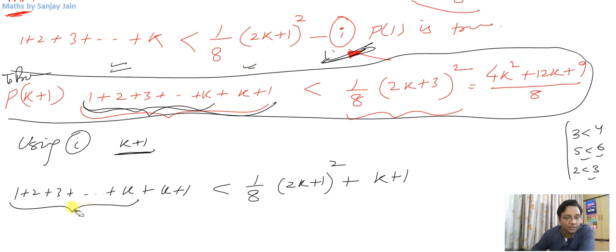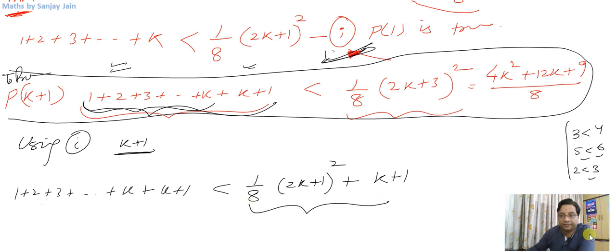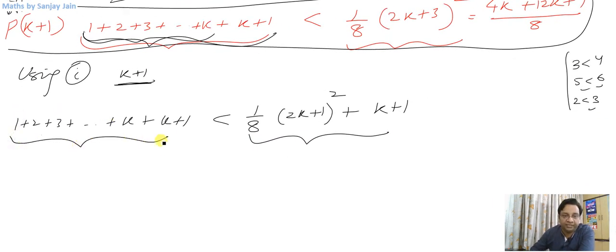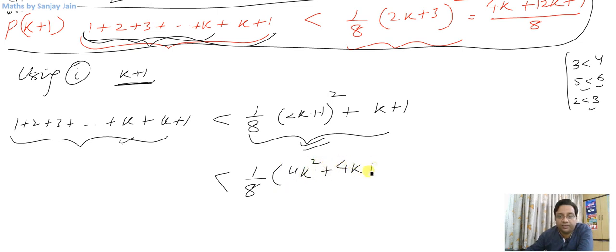So let's start working on this expression, because I have already written the left hand side of P of k plus 1. So I'll just work on this and see whether it is greater than this part or not. Okay, so it is 1 upon 8 into (4k squared plus 4k plus 1), then plus k plus 1.